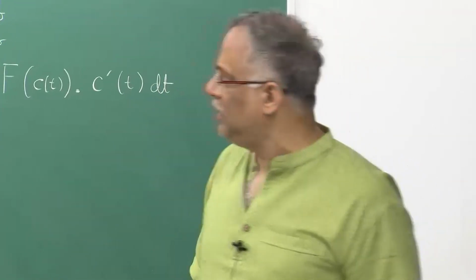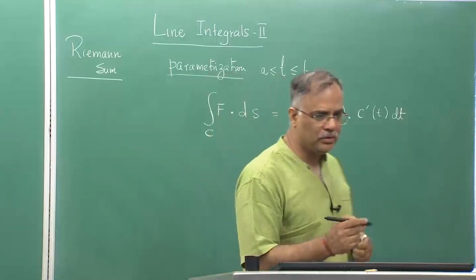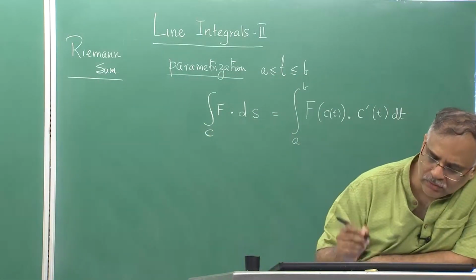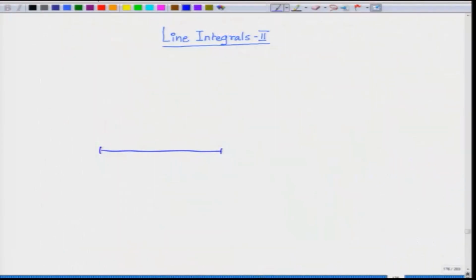If you look at the definition, maybe I will just do it here. Here is my interval a to b, and here is a curve which it parametrizes, C(t).